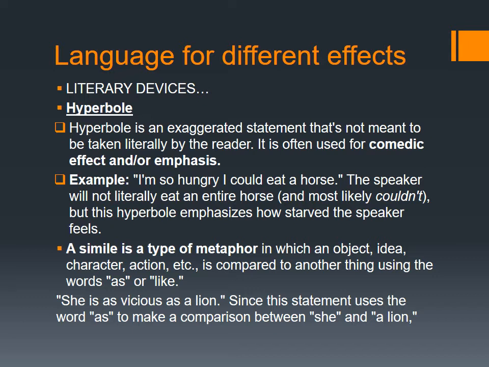But this hyperbole emphasizes how starved the speaker feels. So we know how much this speaker was hungry. He was starving. It's not just hungry, but he was starving. So he told that he could eat a horse. That much he was hungry. So we call this type of emphasizing hyperbole.